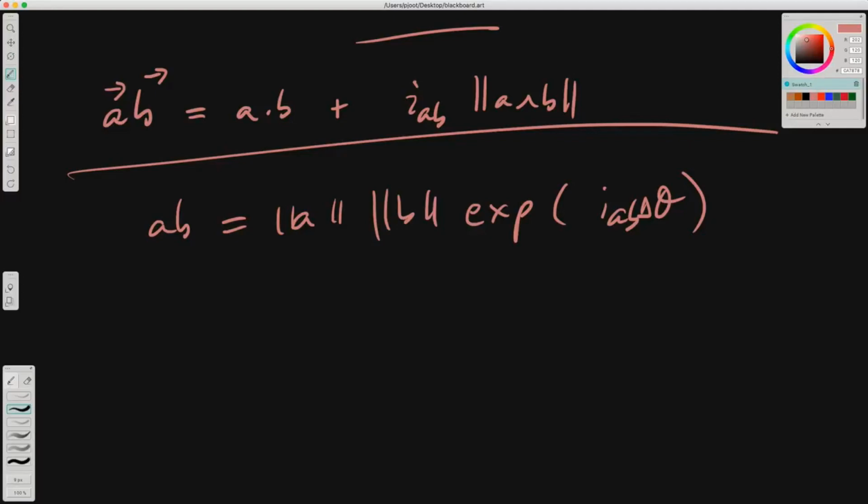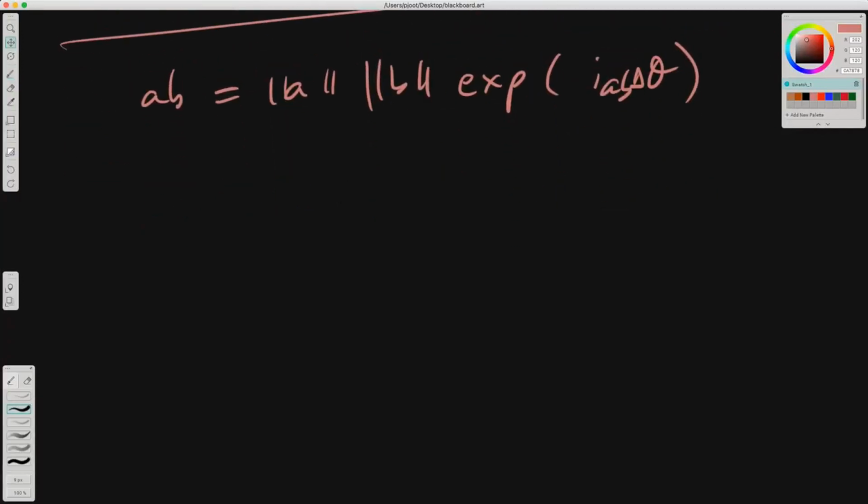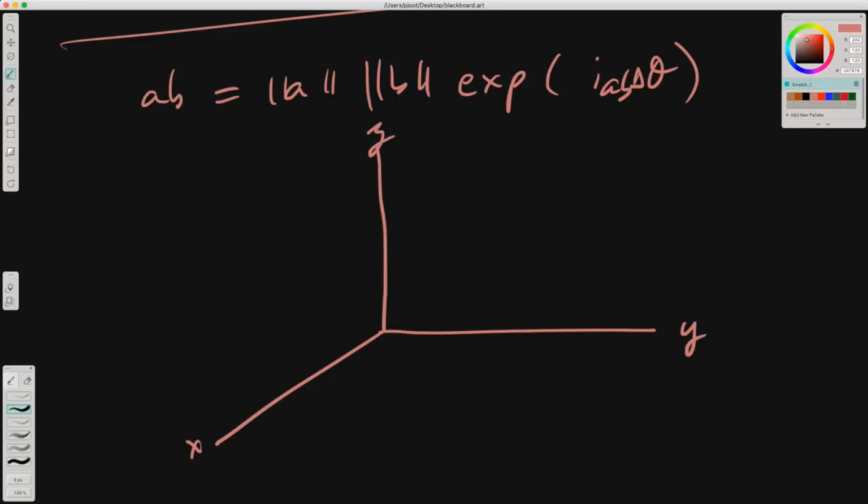As an example, let's take R3, with axes X, Y, Z. Let's make this A in the XZ plane of length 1.